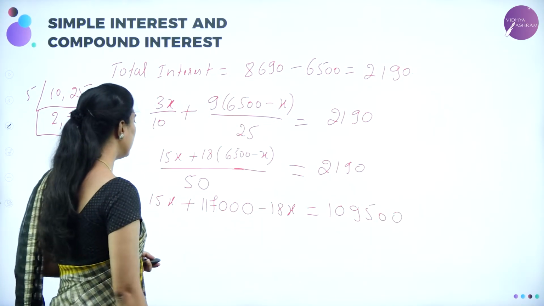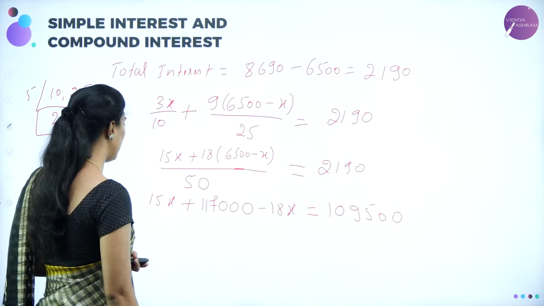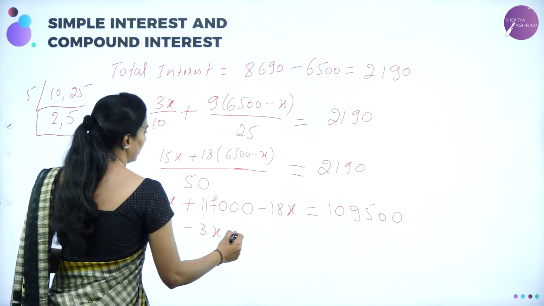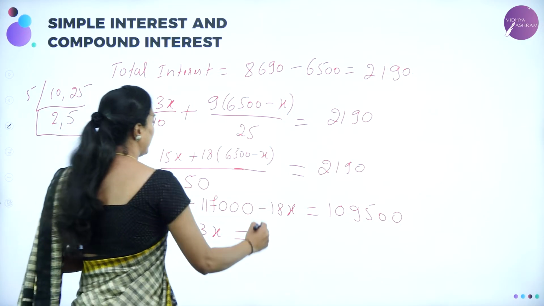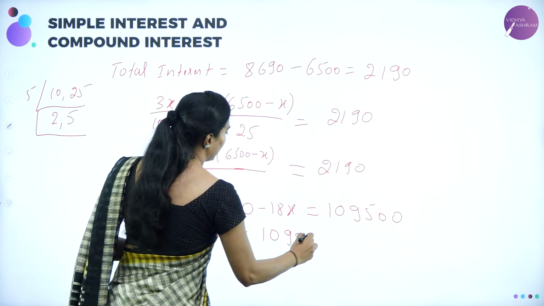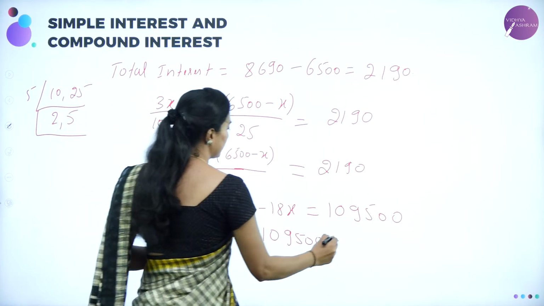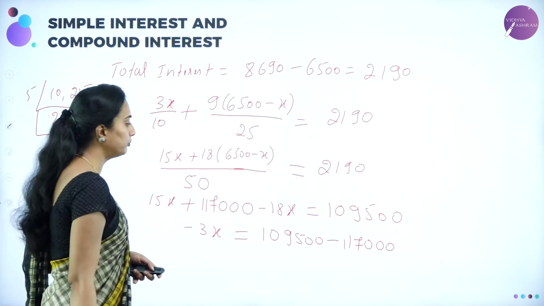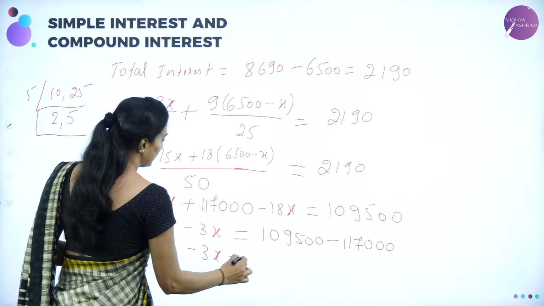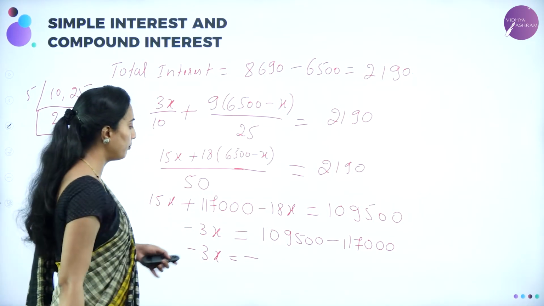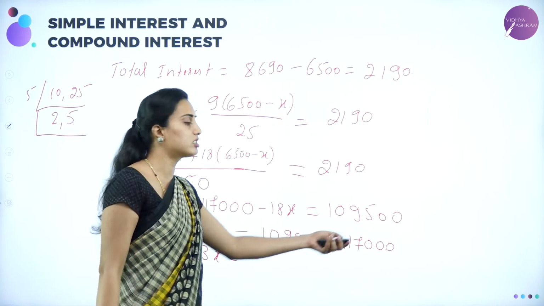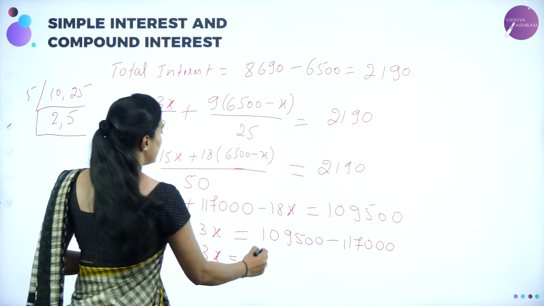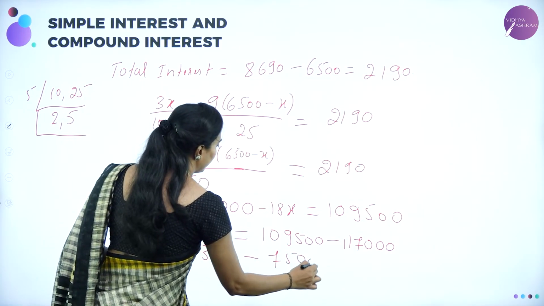So 15x minus 18x is minus 3x, equal to, taking it to that side, 10,09,500 minus 11,07,000, which is minus 3x equal to minus 7,500, because obviously this is lesser and this is the greater value.